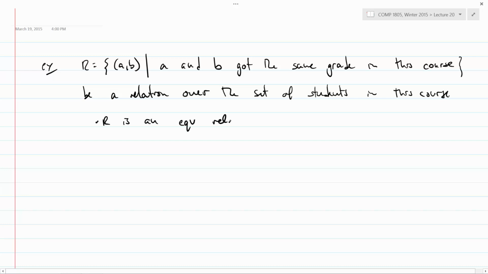So that's good to know. And it also partitions all of the students into these classes. Right? There's the set of all students who got an A+, the set of all students who got an A, an A-, and so on. So R partitions the students in this class into sets, or into classes.